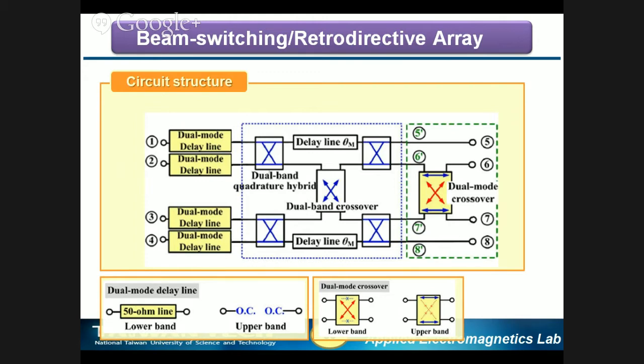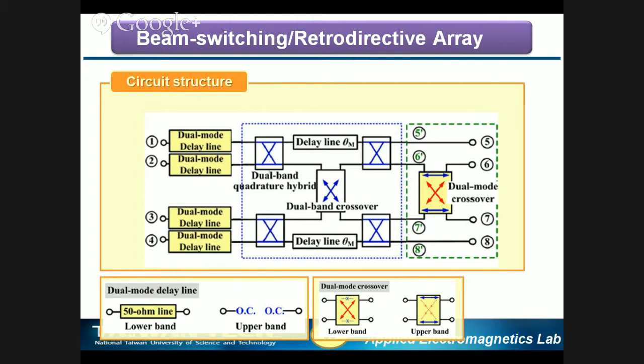Of course, I know the term dual mode here is something some people will argue with me about, because actually it is a crossover only in one band. But I couldn't find any better term, so I just use the term dual mode crossover. Anyway, in the low band it is a conventional crossover, but in the high band it becomes a pair of isolated transmission lines.